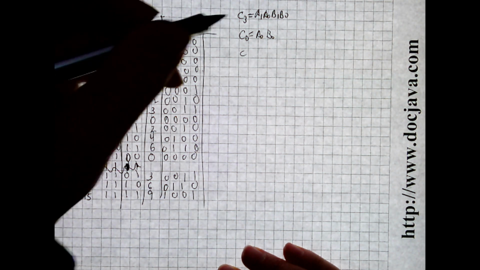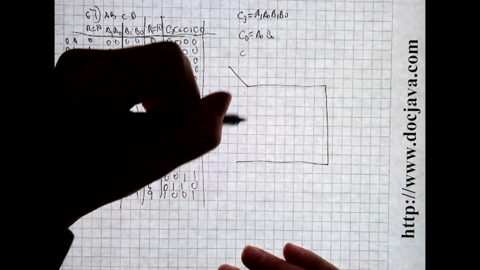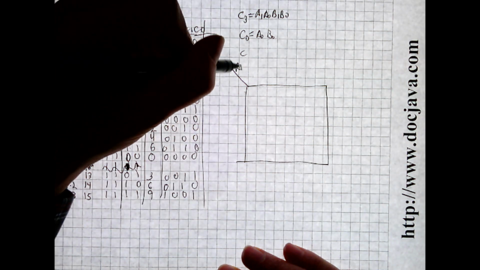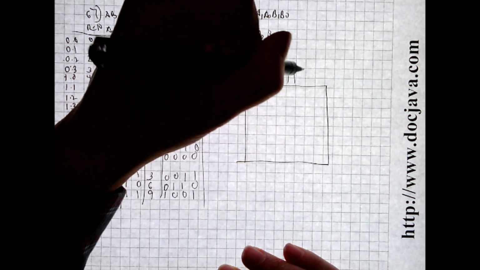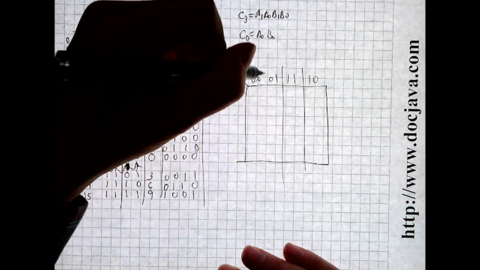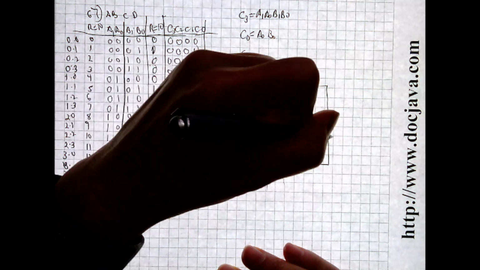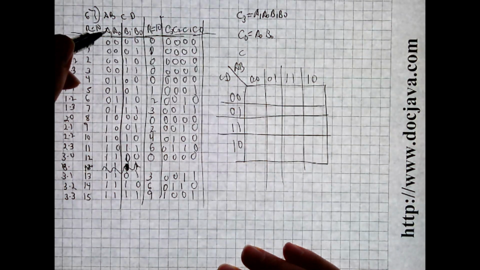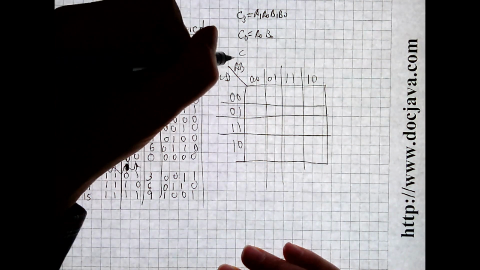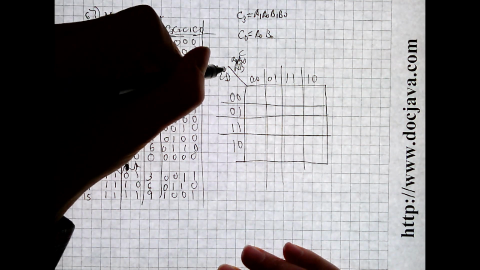I relabeled things just so that you'd be used to it. But in the case of our application, this would be B1, B0.